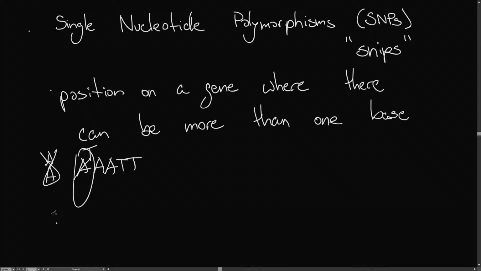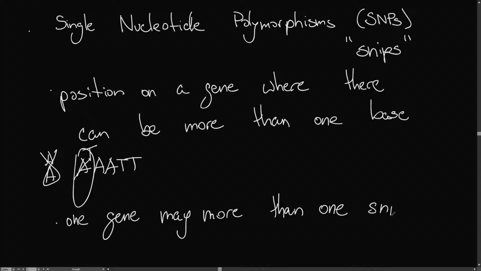And the next part of this is that one gene may have, this doesn't mean it will have, it may have more than one SNP. And this simply means that any gene may have one, many, or none at all positions on it where there can be these differences.